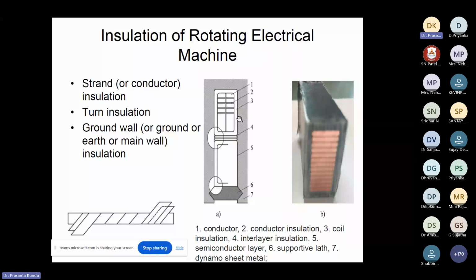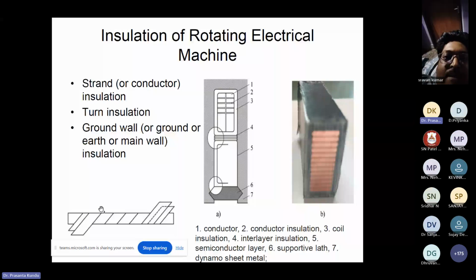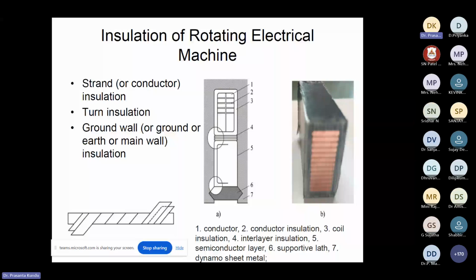I am showing this diagram because there is a delamination phenomenon of the insulating material in rotating machines, which gives you partial discharges. That is a case we can have.